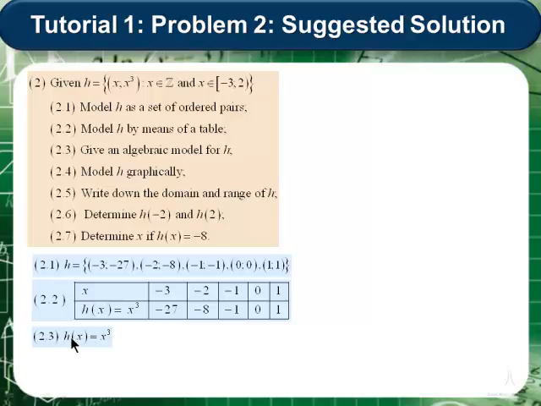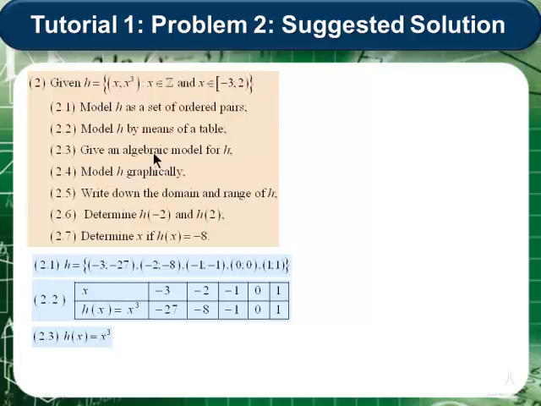So the algebraic model is simply to say that h of x is x cubed. By the way, if I only leave it like this, it may be confusing. So you actually need to write down the restrictions on the domain as well. Otherwise, it will be a continuous curve defined by h of x equals x cubed.